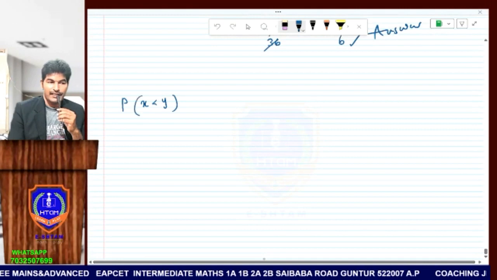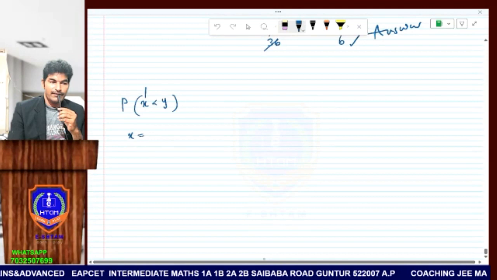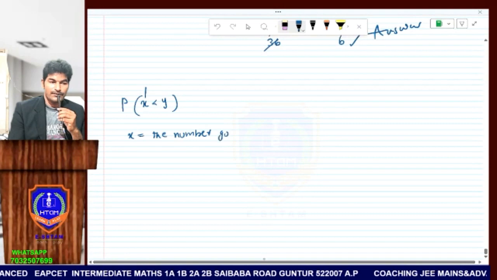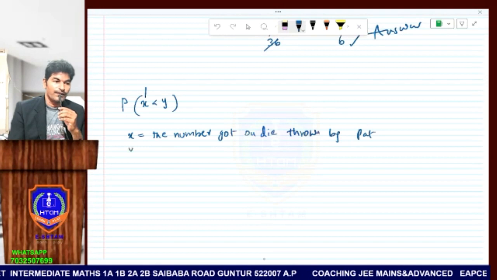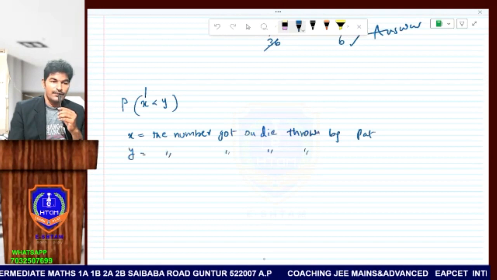X is the number got on the die thrown by Pat. Y is the number got on the die thrown by Chris.